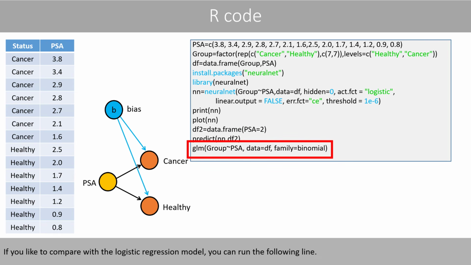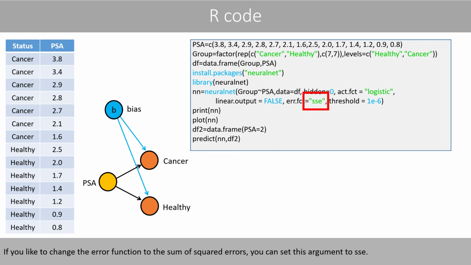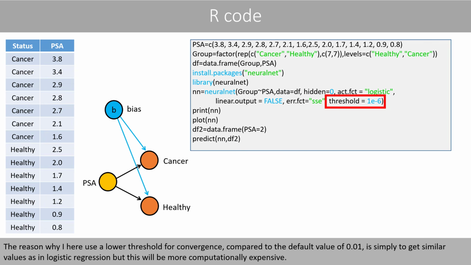If you like to compare with the logistic regression model, you can run the following line. If you like to change the error function to the sum of squared errors, you can set this argument to SSE. The reason why I here use a lower threshold for convergence compared to the default value of 0.01 is simply to get similar values as in logistic regression, but this will be more computationally expensive.